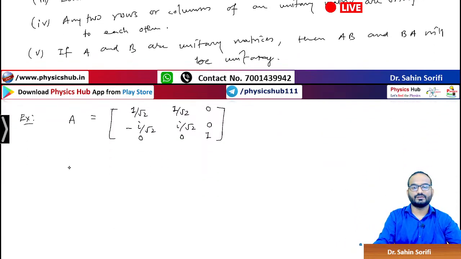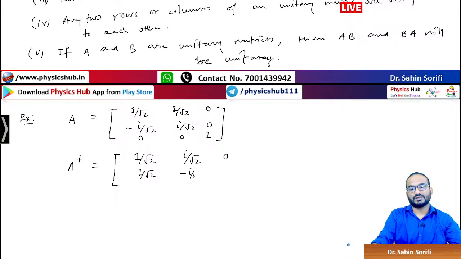So what you have to find out is A dagger. A dagger means transpose and complex conjugate. So we'll read column wise but write row wise: 1 by root 2, minus I by root 2 with the complex conjugate taken, so I by root 2, 0, 1 by root 2, minus I by root 2, 0, 0, 0, 1.